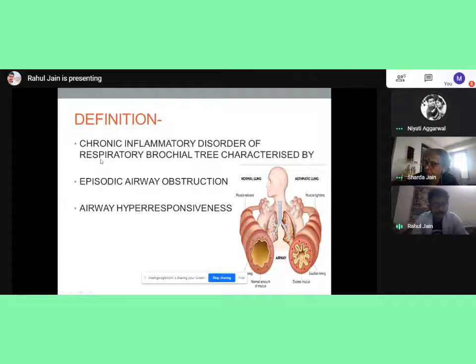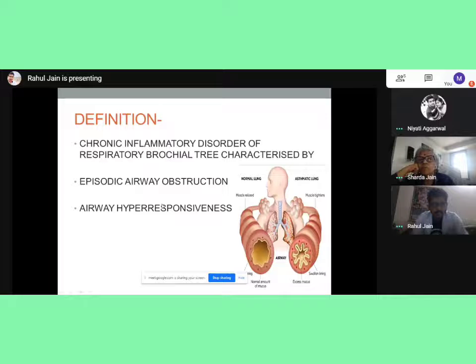With this knowledge, I would like to read the definition again: it is a chronic inflammatory disorder of the bronchial tree. Since it's a disorder of the bronchial tree, it is not a disorder of alveoli. It is characterized by episodic airway obstruction, which means the patient is only symptomatic during episodes, and in between the patient will be normal or better than during an episode. This chronic inflammation, over maybe 5 or 6 years, will cause airway hyperresponsiveness.